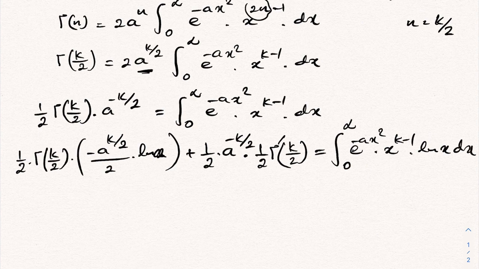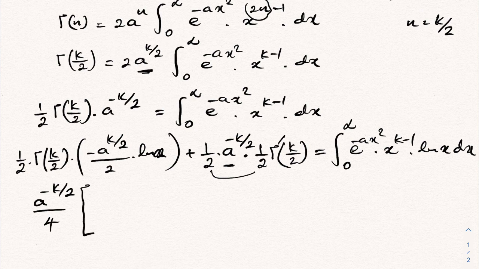Well, then we can simplify. Here we know a to the minus k over 2, and 1 over 4 is a common factor, so we can take a to the minus k over 2 over 4 as a common factor.